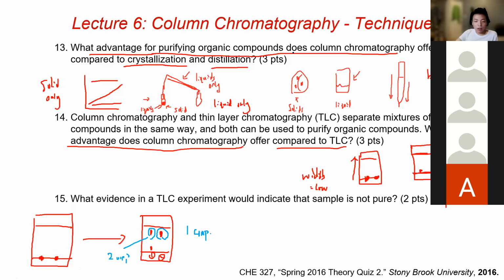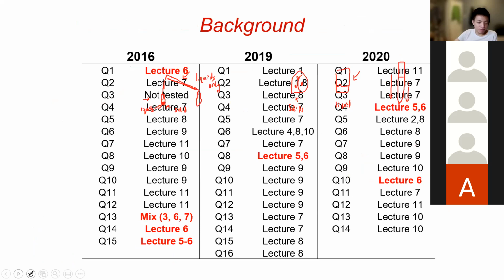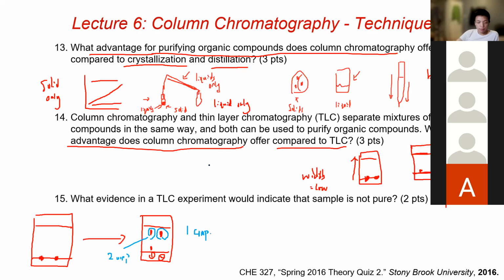Gas chromatography will go to lecture 9, which will be later, but I can explain it right now. So you are comparing GC to TLC or GC to column. GC compared to column, okay.